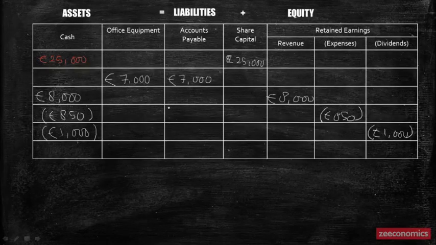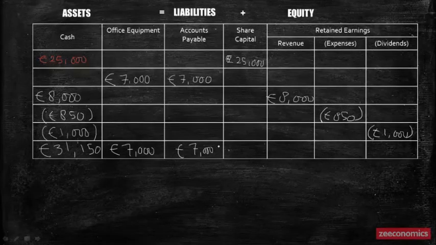All transactions have been completed, and now we just need to compute the total of the amounts, whether it's assets, liabilities, or equity. So let's compute the assets first. Cash totals 31,150 euros. Office equipment stays the same at 7,000 euros. Accounts payable also stays the same at 7,000 euros.